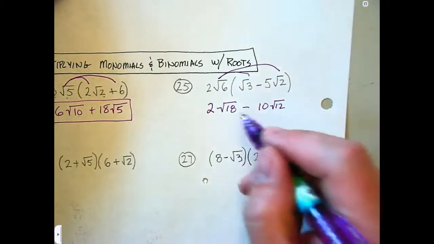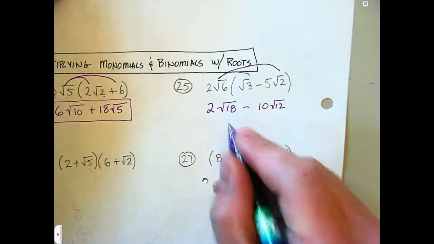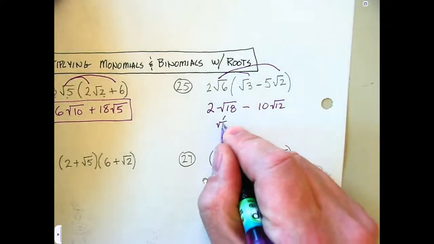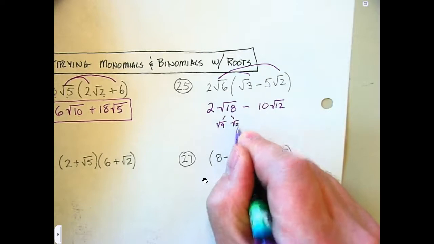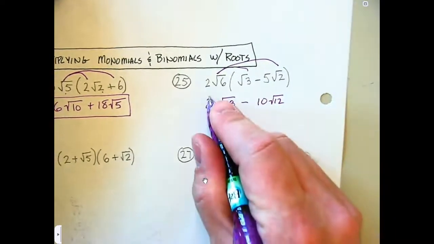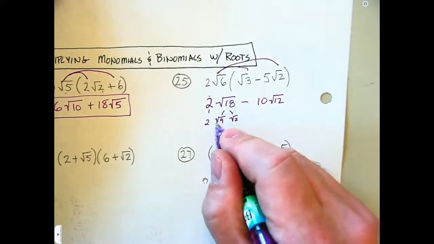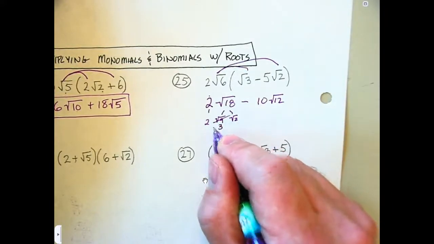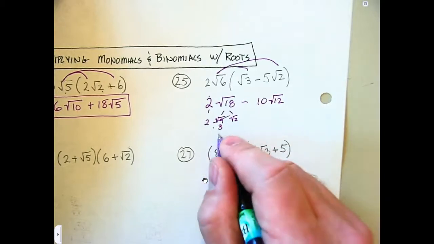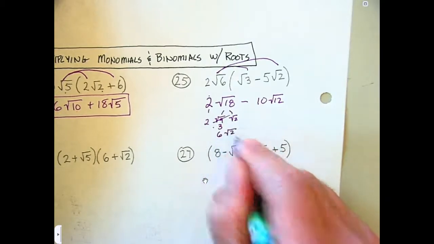Okay. Can we simplify root 18? Yeah. We've got to bring that 2 down. So root 9 is 3. So we have 2 times 3, root 2, which is 6 root 2.